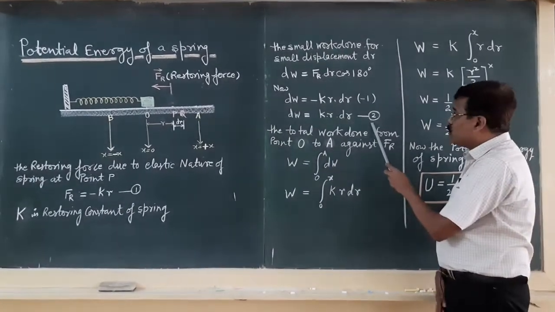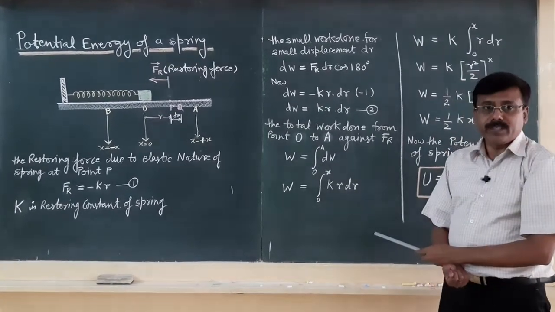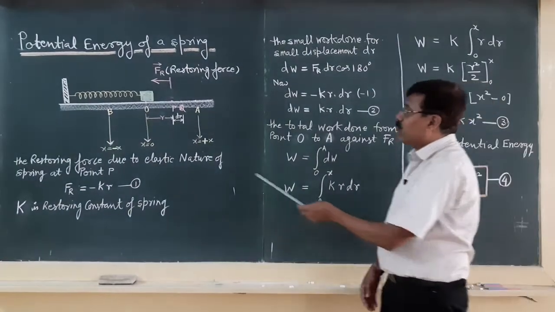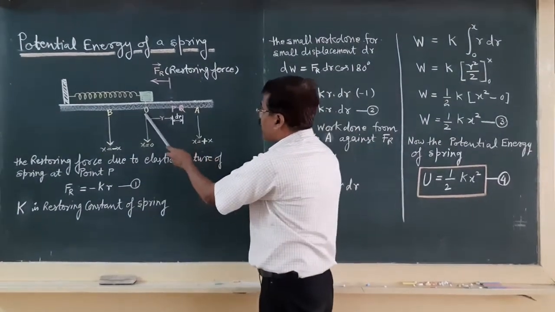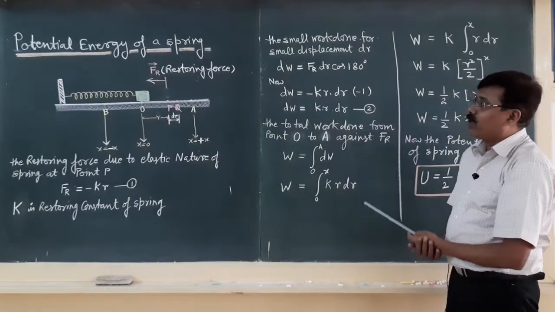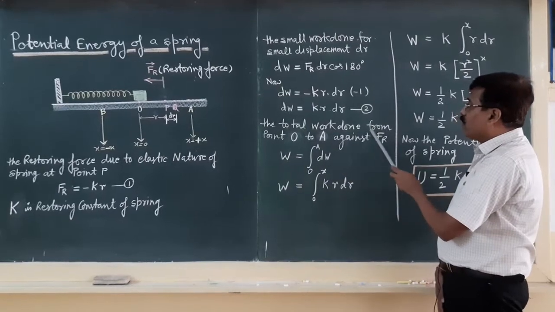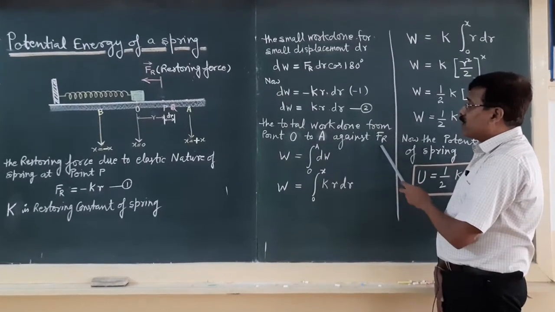Now, from equation 2 it is very clear the work done is a variable factor of displacement. So, if you want to calculate the work done from point O to point A, you have to integrate within the limits of O and A. So, what will be the total work done from O to A against F_r?